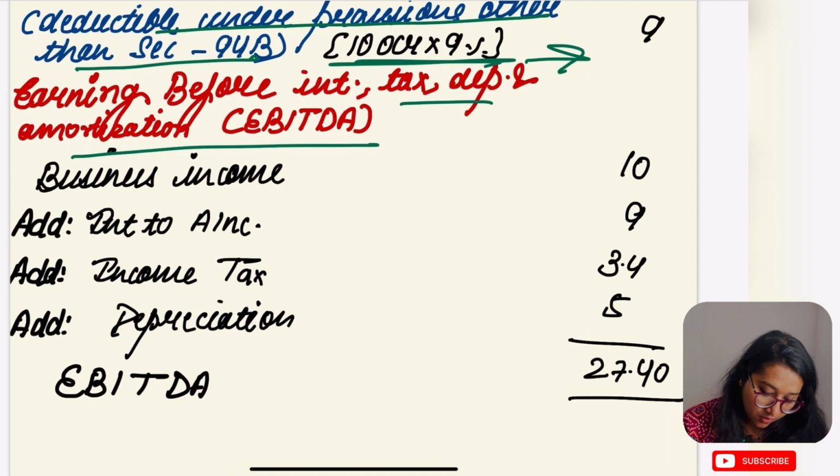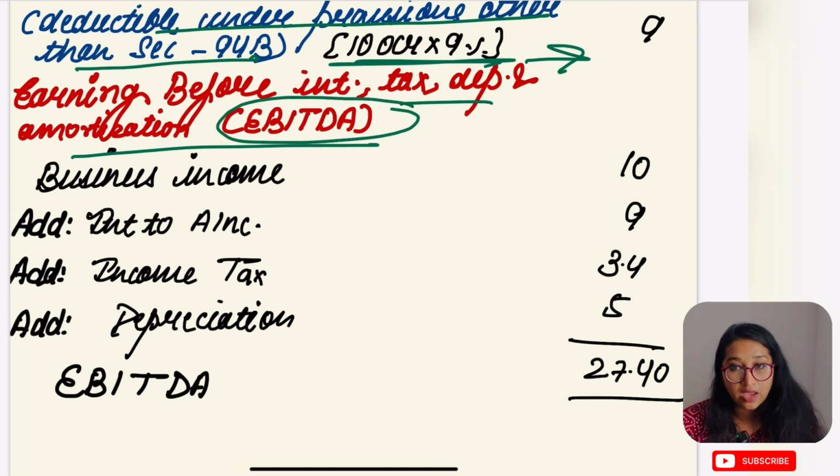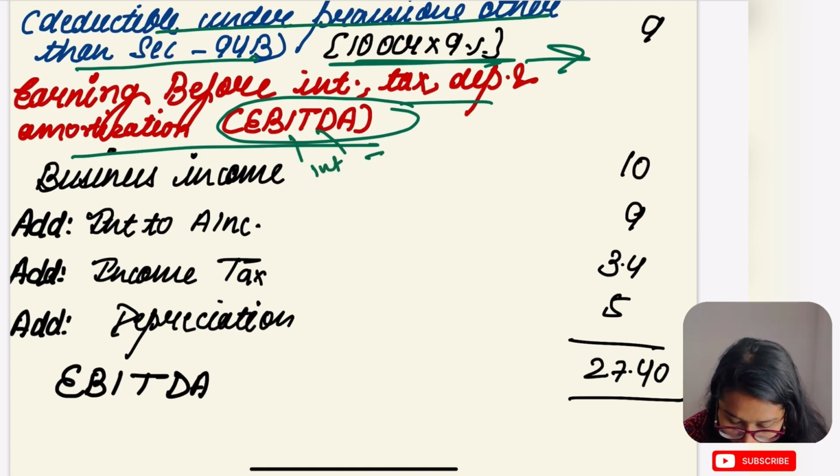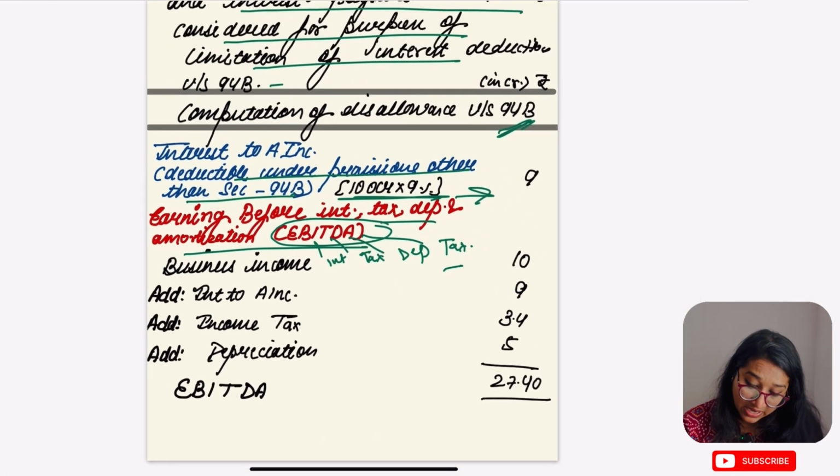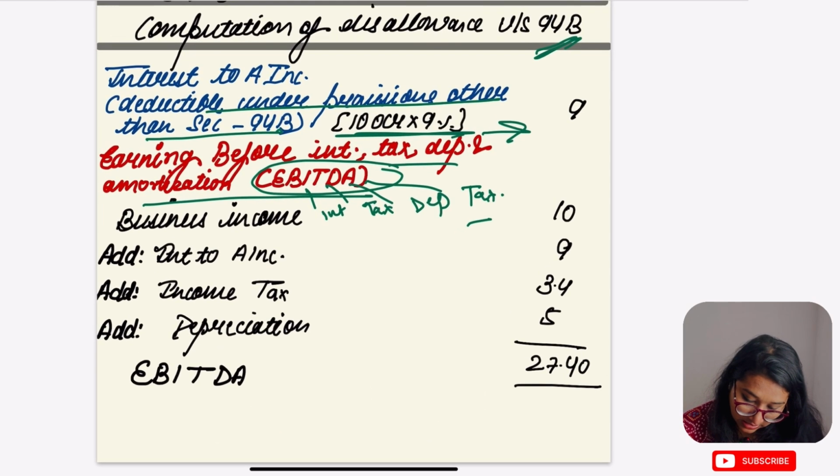Now we have to calculate EBITDA. Earning before interest, tax, depreciation and amortization is to be added back. Why are we doing this?